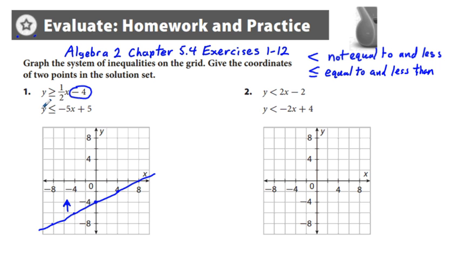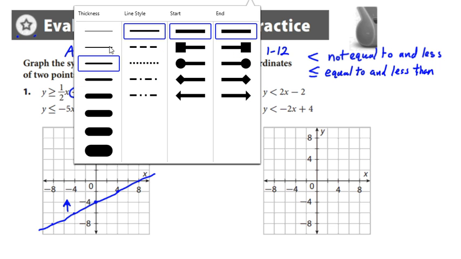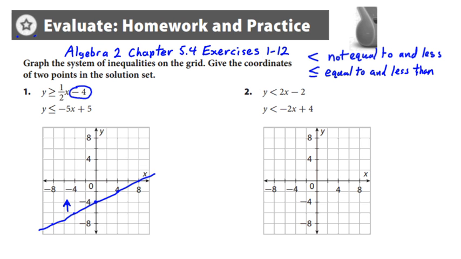And now we have the second inequality, y is equal to and less than -5x plus 5. And for that, I'm going to change color code. I'm going to go to a red one, and we have our y-intercept is 5, so we go up to 5, and our rise over run is -5, so we can go down 5 over 1. So that's what that looks like. Down 5 over 1.